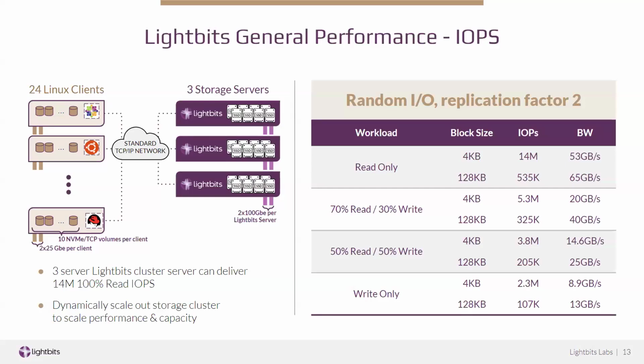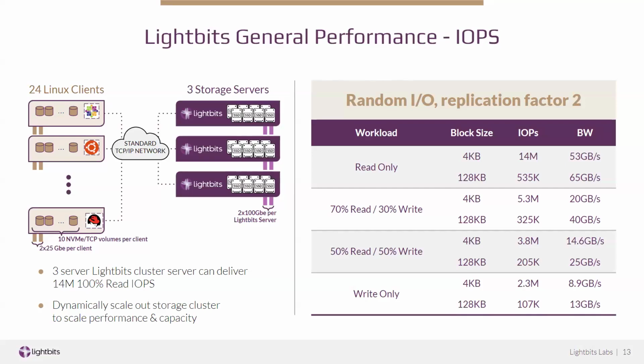These are kind of hero numbers, but just to put some perspective, the top row here is read-only. Block size is 4K. This is 3 servers of Lightbits providing 14 million 4K reads.